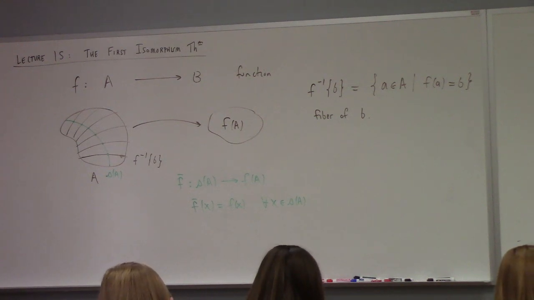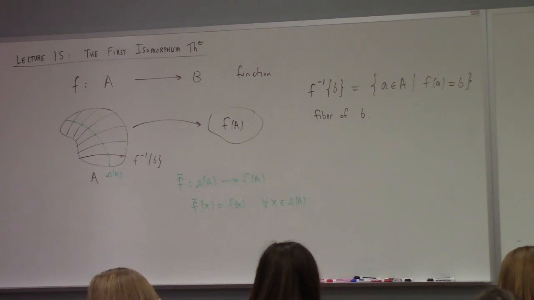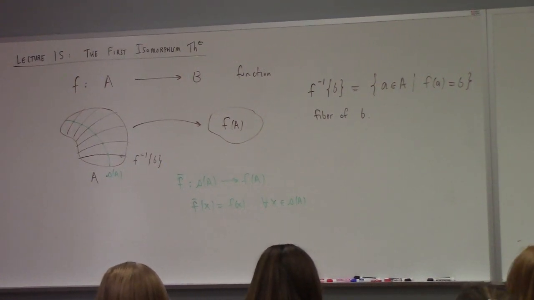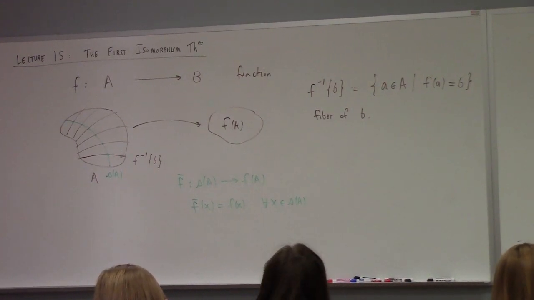Because what we've done is just gotten rid of the ambiguity in terms of the fiber. We just say, okay, well, we'll just take one thing that maps to each thing in the range, right? And then by construction, this would be a bijection, right?